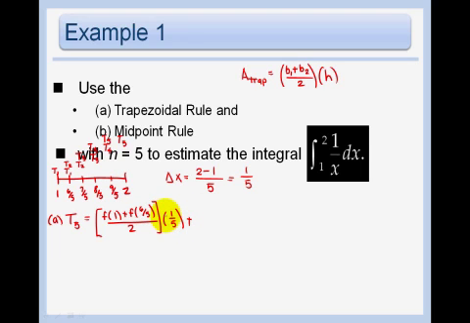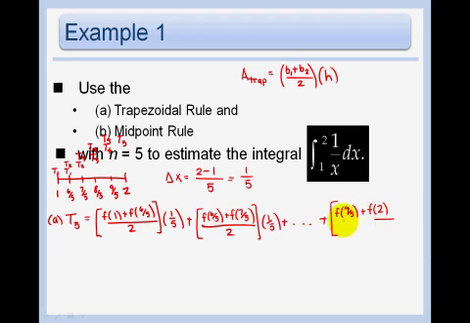Hopefully you're factoring the 1/5 out, but I'm not even doing that here. I'm just going to do dot, dot, dot, because you would just do 7/5 plus 8/5 in the next one, then 8/5 plus 9/5 in the next one, and the last one that you use is f of 9/5 plus f of 2.